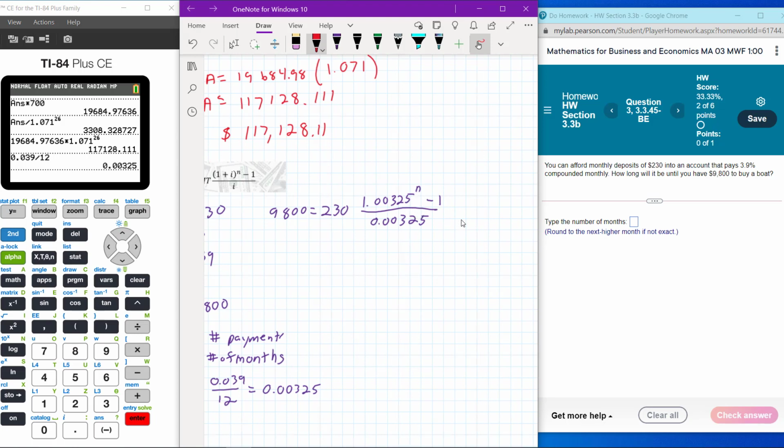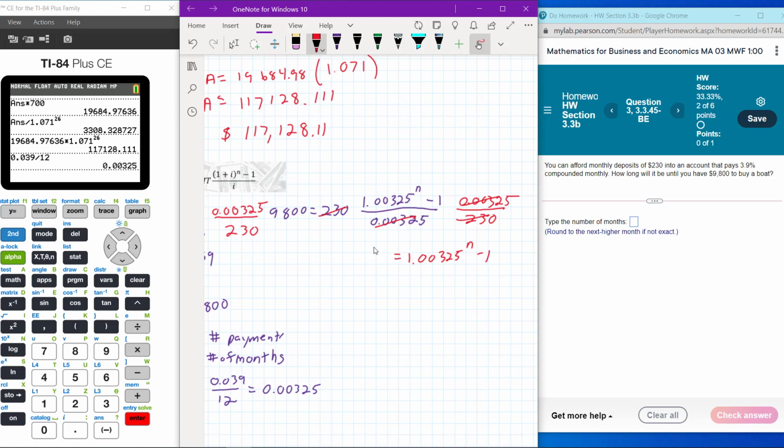Okay. So we basically want to revise this equation to solve for n. And the first thing that we can do is multiply both sides by 0.00325, and divide both sides by 230. Doing so, these cancel and these cancel. So all we have left over here is 1.00325 raised to the nth power minus 1.